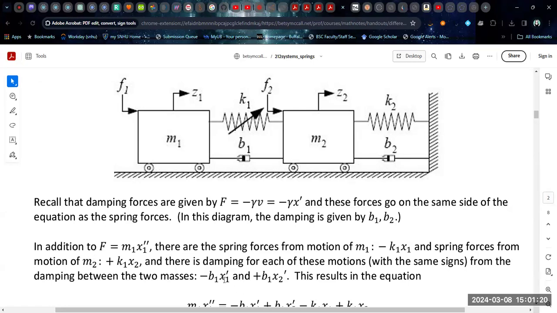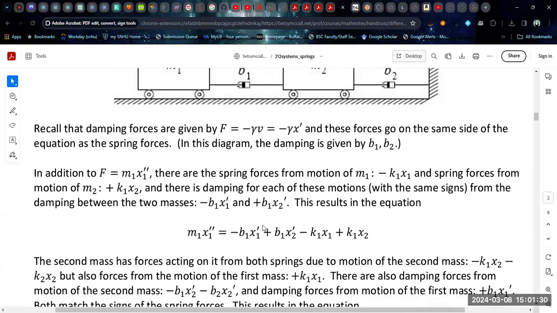And if there is damping between them, then that is going to be affected by both the motion of M1 and M2 relative to each other. And so we end up with this final expression where the damping comes in with x1 prime and x2 prime. And then also this results in the motion from the springs.